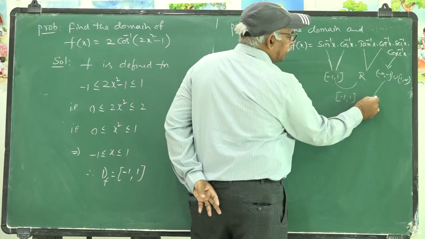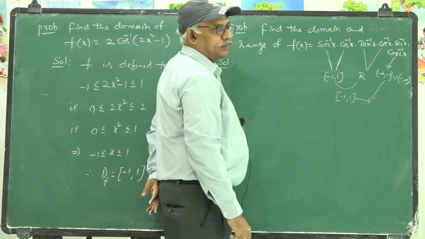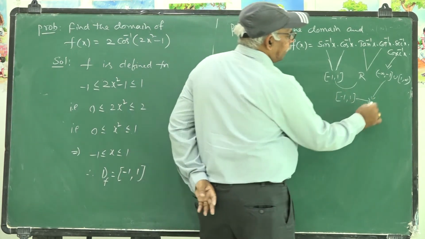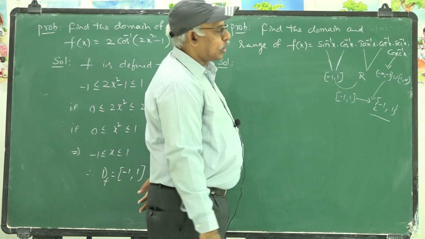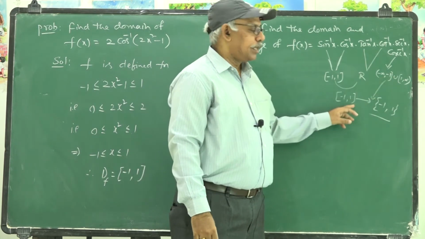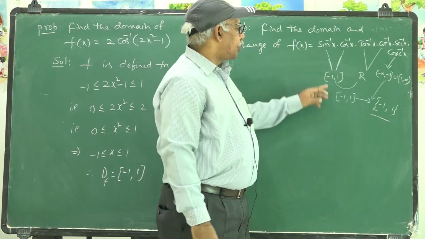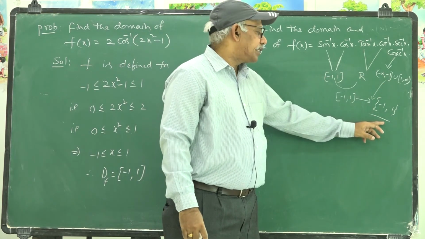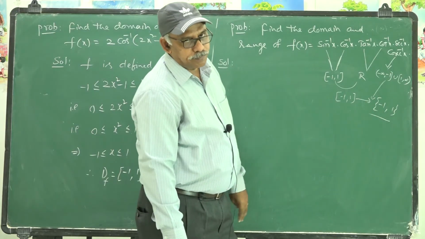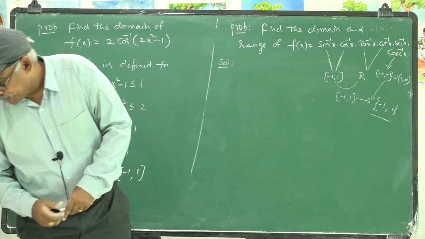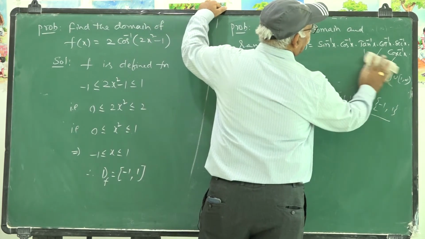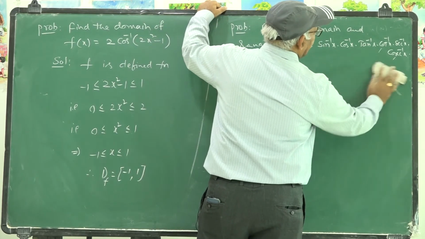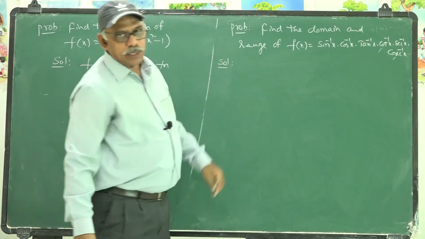The common values of these two is minus 1 and 1. So, the intersection of all these domains is nothing but minus 1 comma 1 itself.